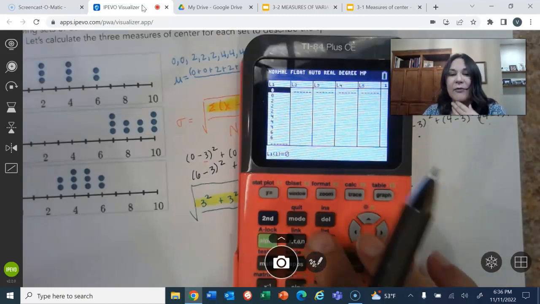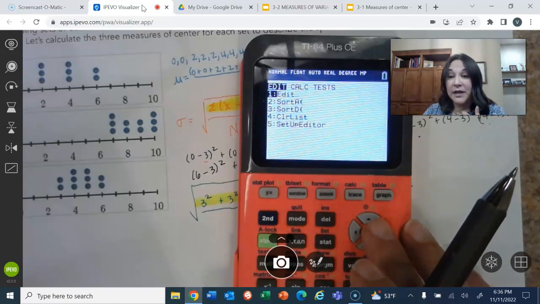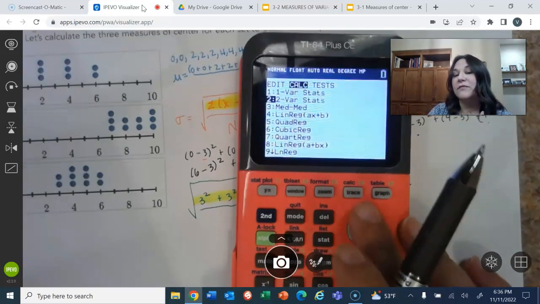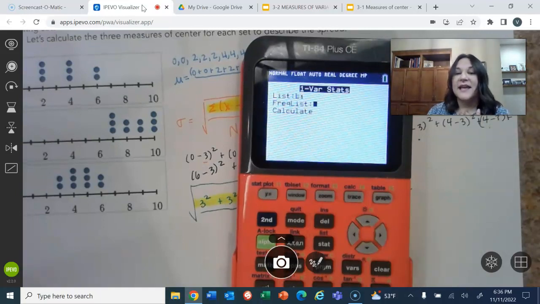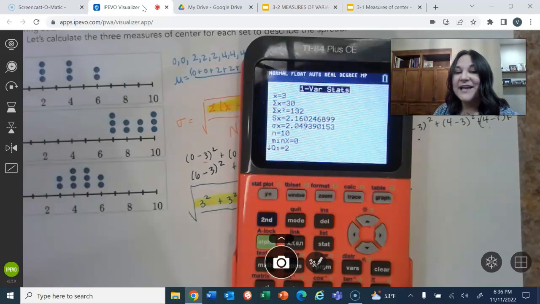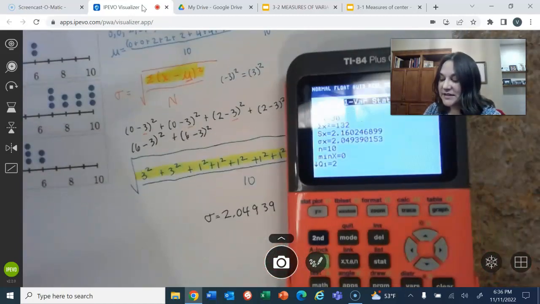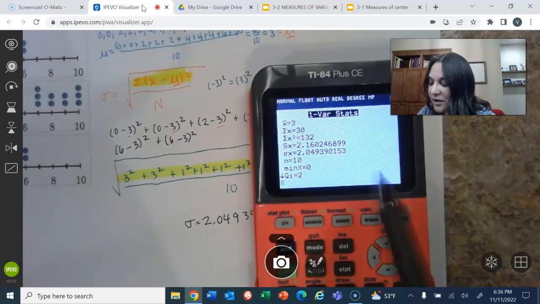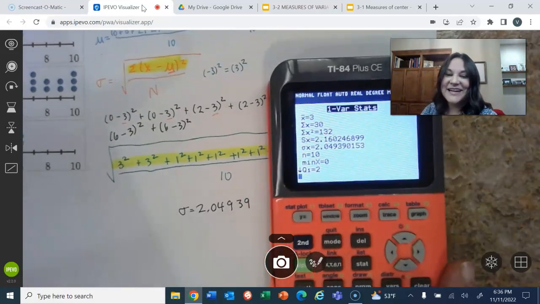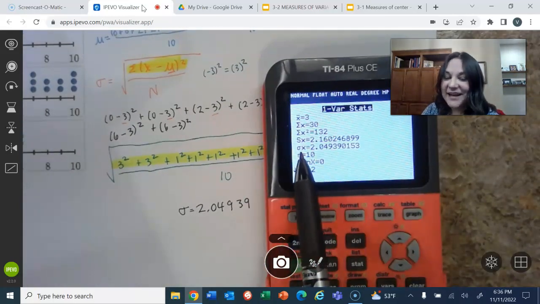Then when I go back to the stat menu, I'm going to go to calc, and I want it to calculate our one variable statistics for us. And list 1 is the list where I entered my data, and so what you see is 2.0493900153. That is shown on your screen right here with that symbol.